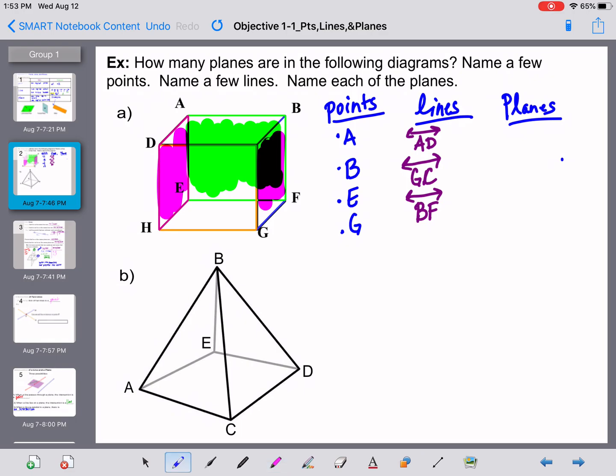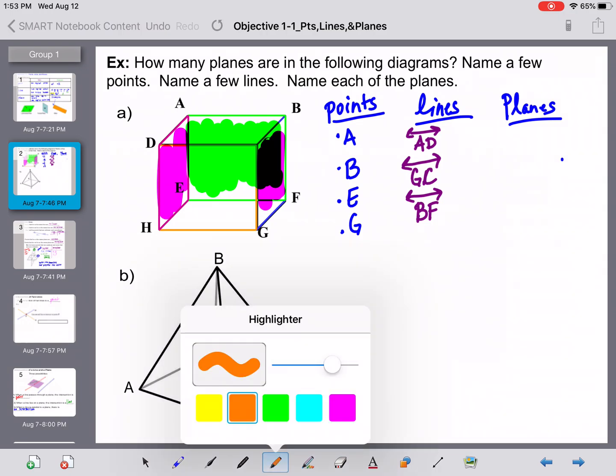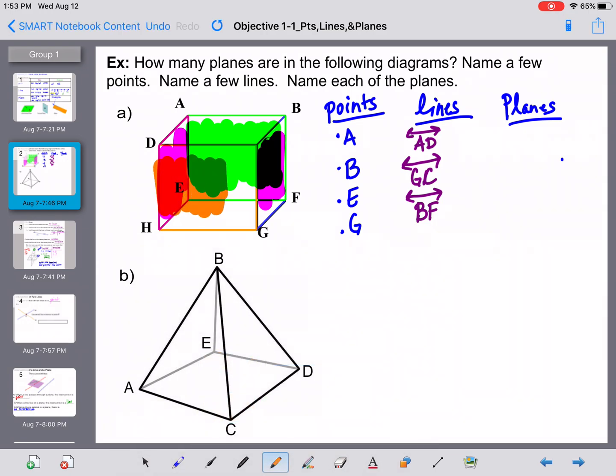I've got the front side, which is 4. And now I've got the top and the bottom. So that makes 6. All right, so that's kind of messy.